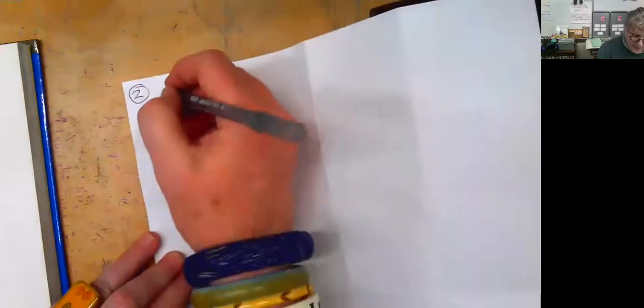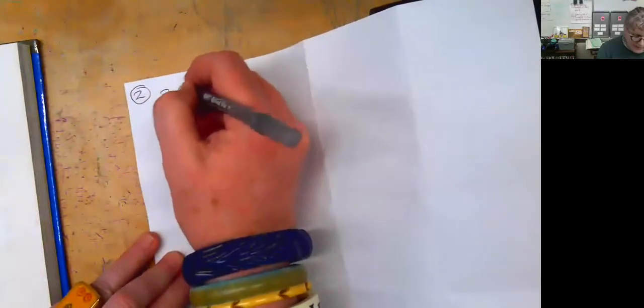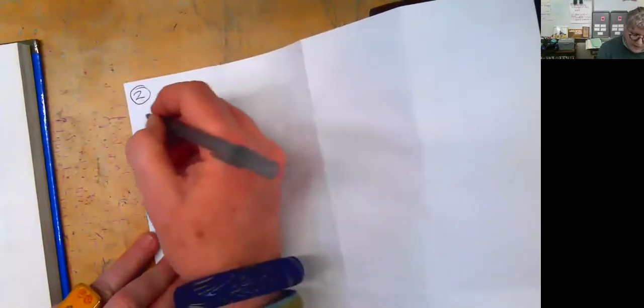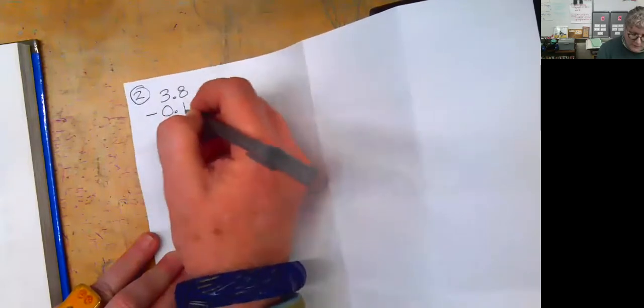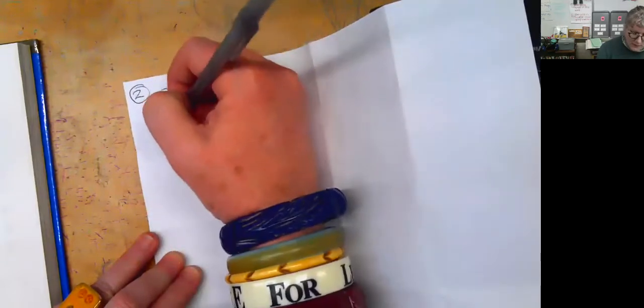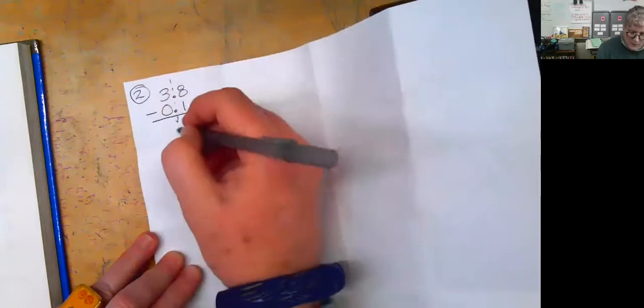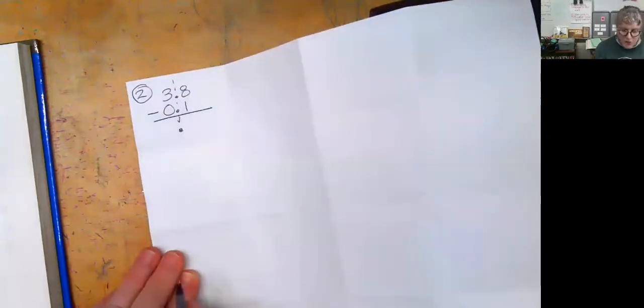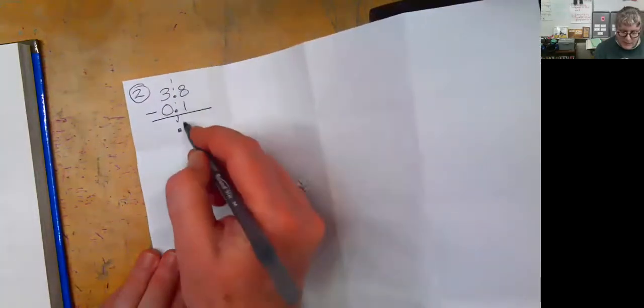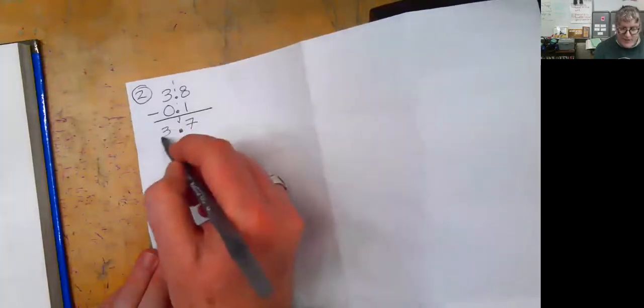Let's look at number 2. We get 3 8/10, and we're taking 1/10 less than. So if we go ahead and subtract it, we get 3 7/10.